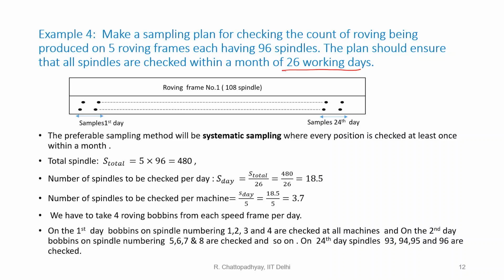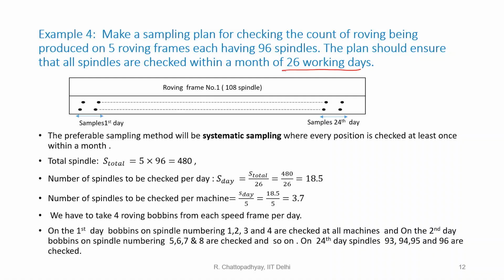So that we can identify whether a particular spindle is producing a wrong yarn or wrong bobbin, or giving too many breaks. In that case, some maintenance can be carried out on that particular spindle, or that particular sewing machine, or that particular loom, whatever it is.